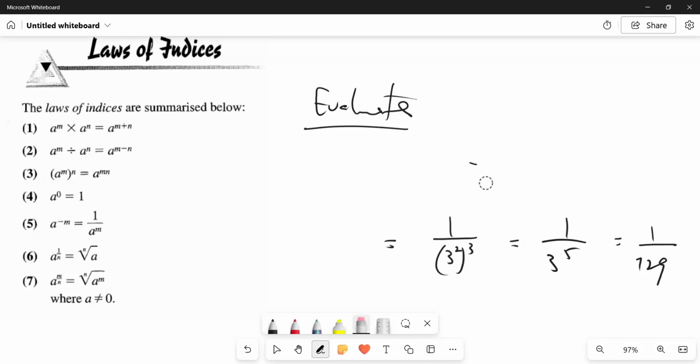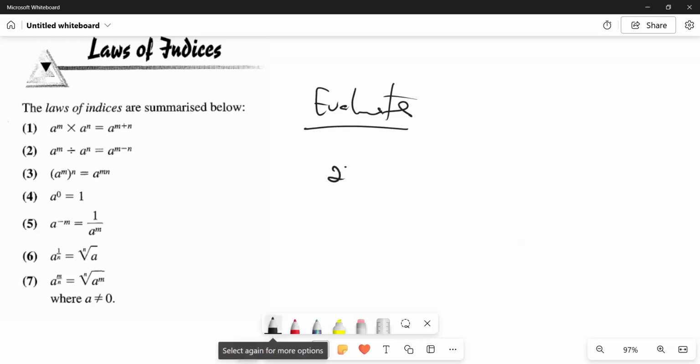Let's take another one. Let's go with 27 to the minus 1/3. Not all of them will be easy to guess, right?